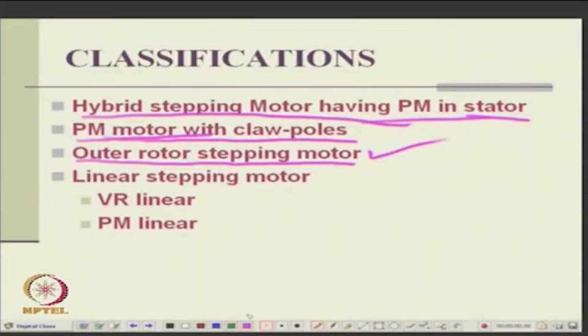The ceiling fan rotating part is outside, not inside. Isn't it? So, there is another variety, and then you have linear stepping motors. Okay. A linear stepping motor moves linearly, right. Even among linear, there is the variable reluctance, there is a permanent magnet, right. I hope you are aware what is a linear motor, what is a rotational motor. Okay. Is it clear? These are the classifications that we have.